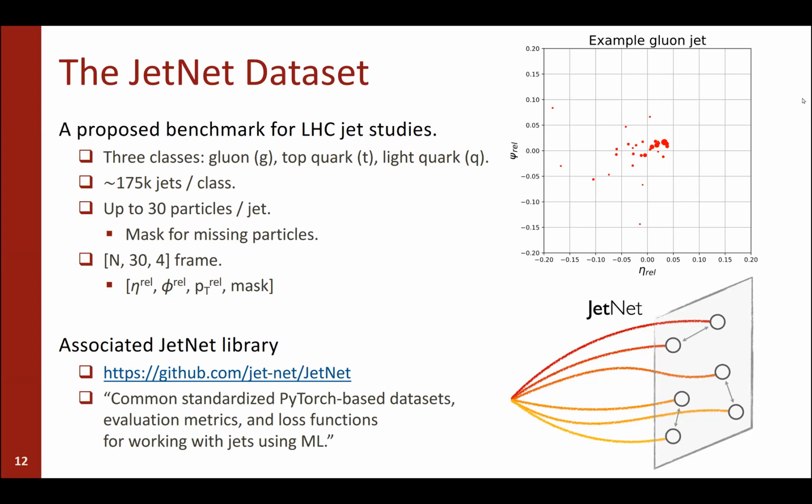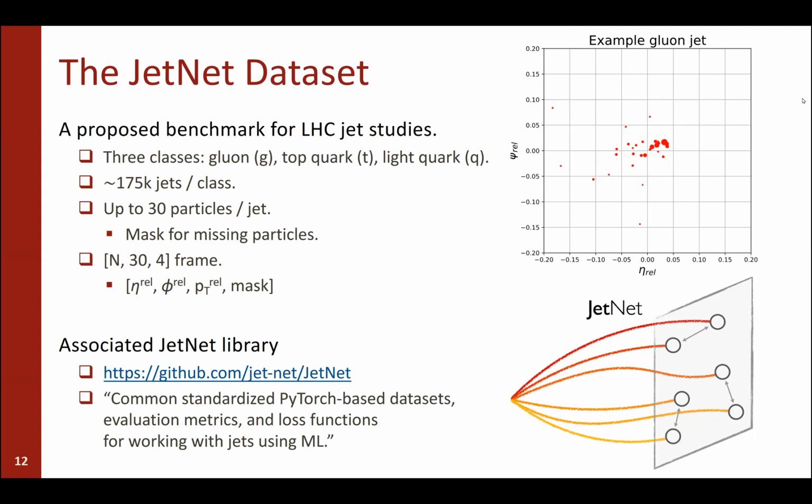And to make things easier for everyone, besides publishing the data set in Zenodo, we also publish the JetNet library that has these evaluation metrics that I just talked about, infrastructure to access the data sets easily, the loss functions, and so on and so forth.